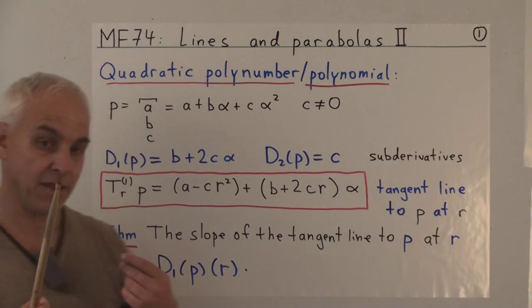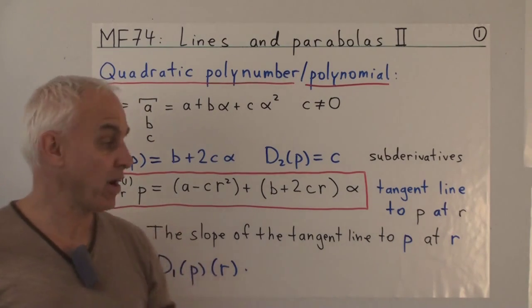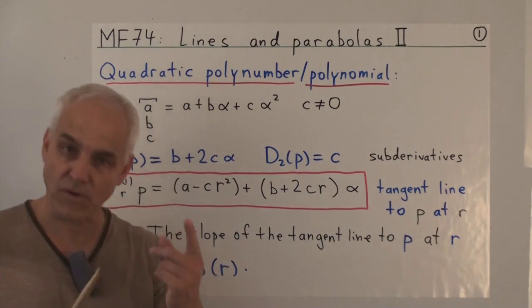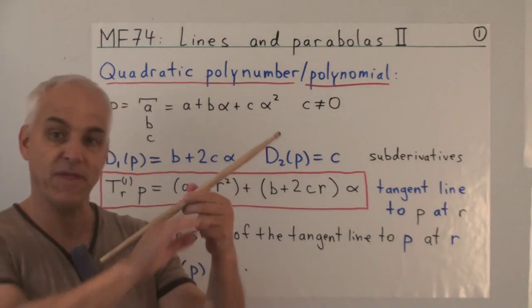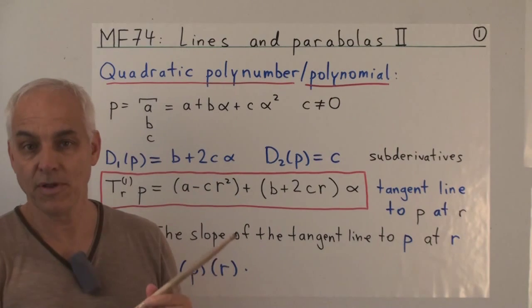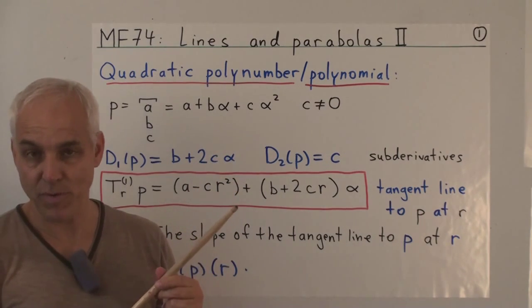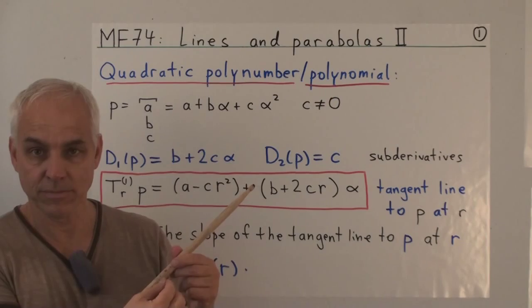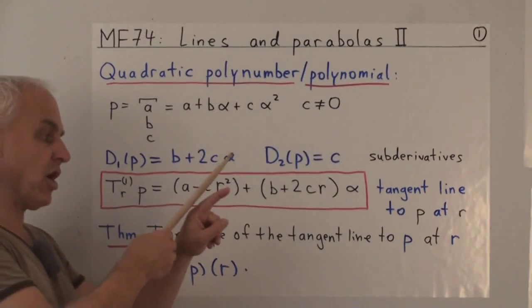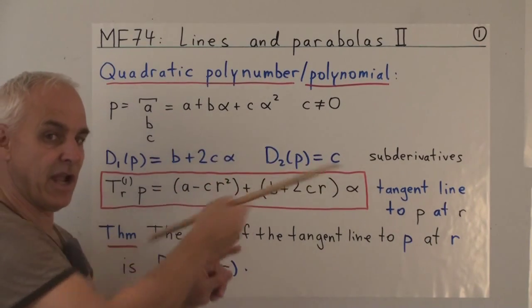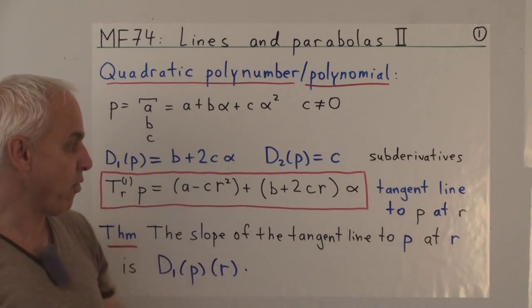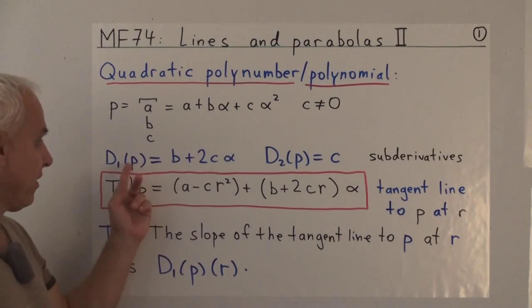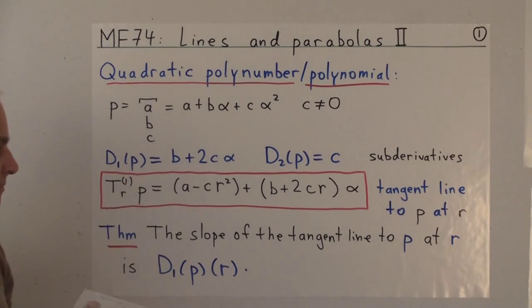So this gives us a geometrical interpretation of what the derivative, or the first subderivative, means. It is the slope of the tangent line to the polynumber or polynomial at the point r. So for different points r, there are different tangent lines with different slopes, and the slope at every point r is given by the derivative.